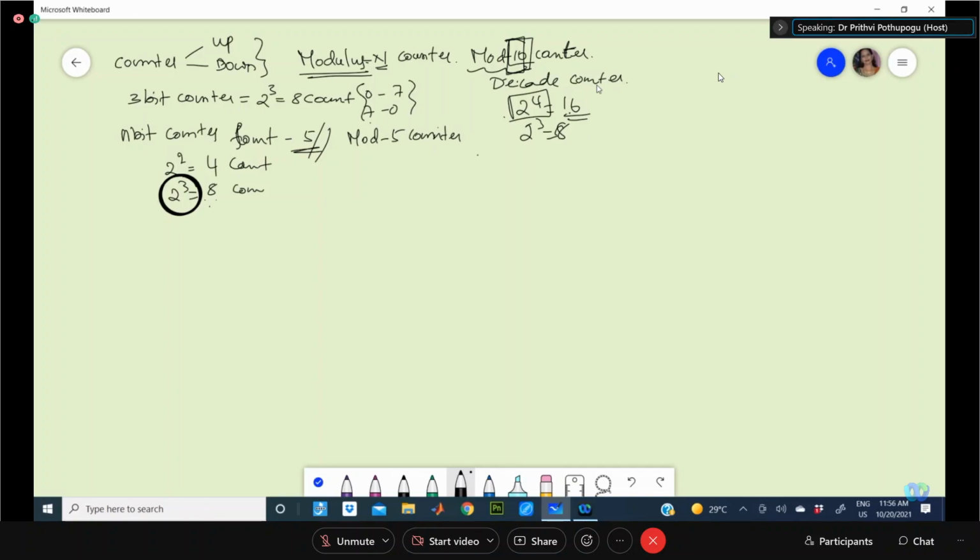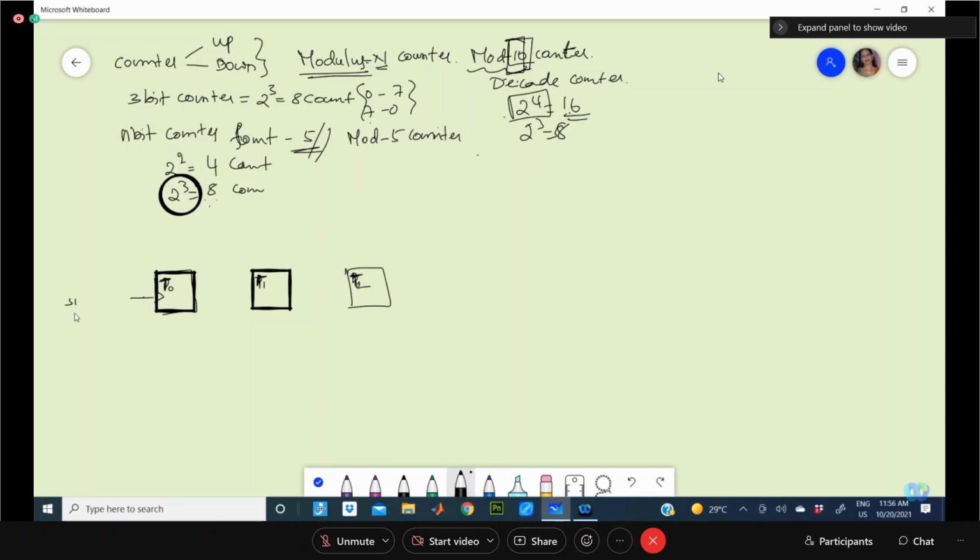How do we implement this counter? Take a normal, say, 3-bit counter. For counting 8, say I want to implement mod 5. Here we have T0, T1, T2 flip-flops. For a counter, T flip-flop or D is used, synchronous or asynchronous, whatever you take.